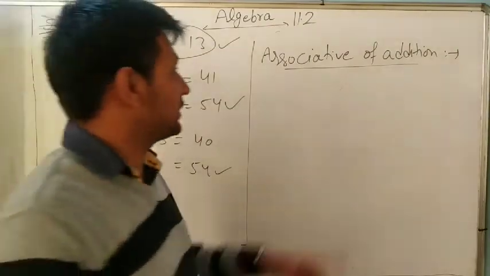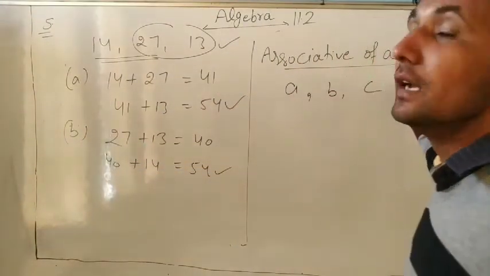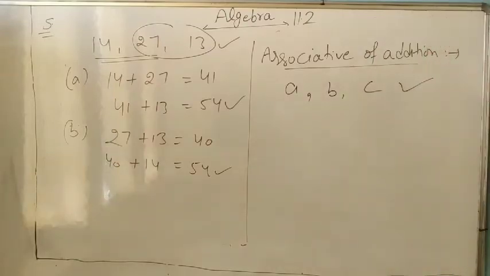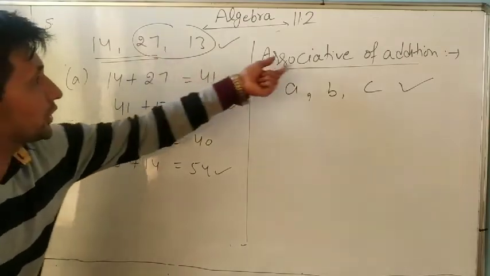But express this property by using A, B and C, by using variables. So how will we find it? What is the associative property?